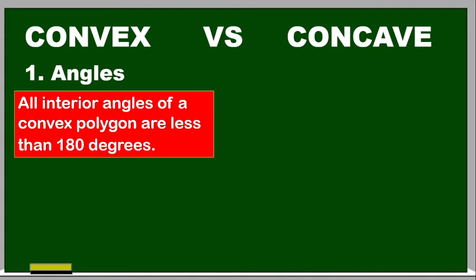When I say convex polygon, all interior angles of a convex polygon are less than 180 degrees. So our keyword is less than 180 degrees. So we are talking about angles of convex polygon. All interior angles should be less than 180 degrees.